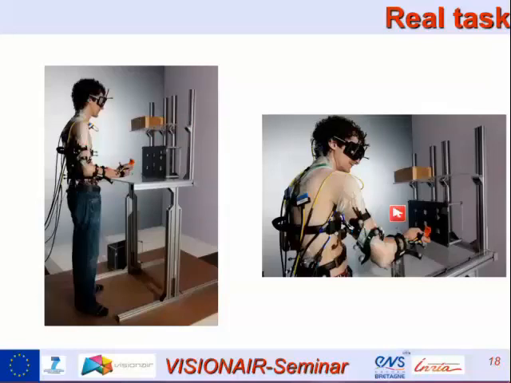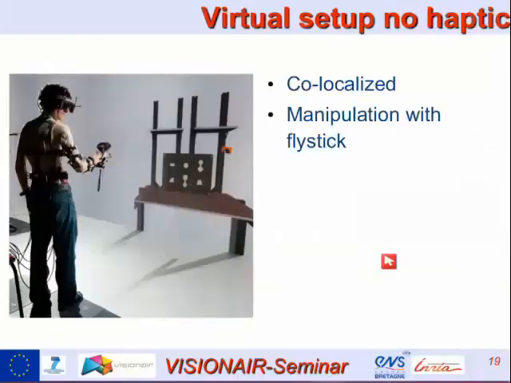Here we have a zoom to see the electromyographic device on the shoulder, and here's the motion capture tool. The other part was to do that in the virtual environment, as in the picture. Of course, we cannot see that it is colocalized, but here in the picture, it is colocalized, so the position of the workstation is positioned with respect to the head tracking system of the user.